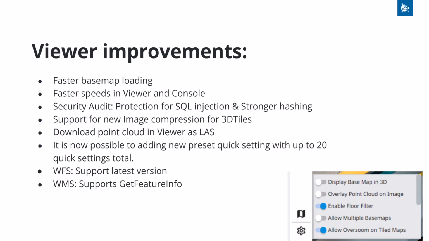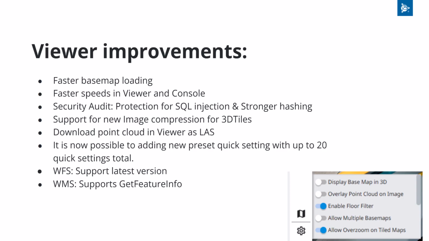Further support for new image compression for 3D tiles. Downloading point clouds in the viewer as LAS. Now the customer is able to download visible point cloud data locally in LAS format. Before that it was only some text format.